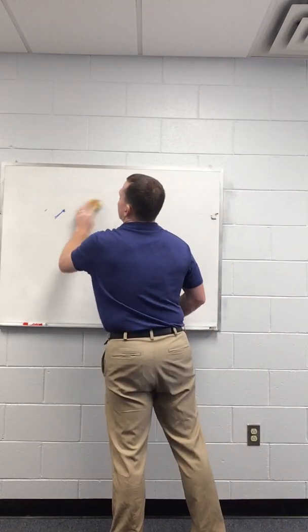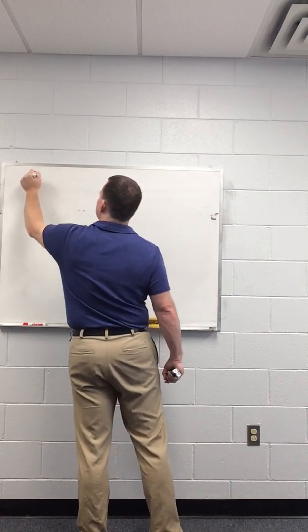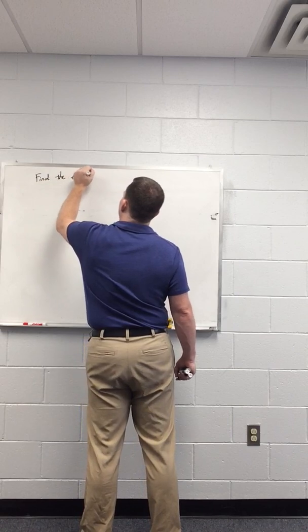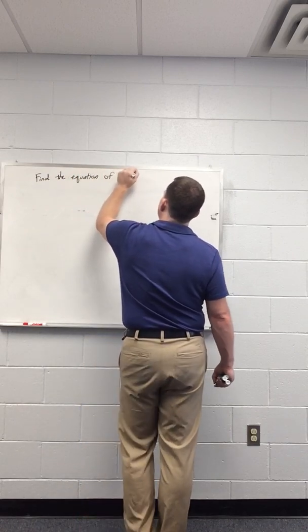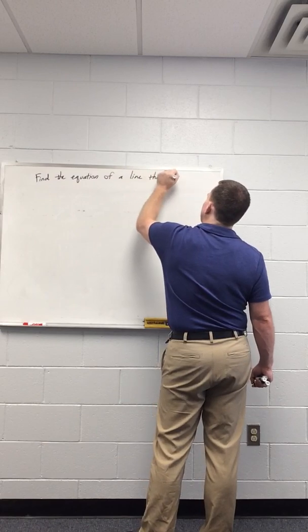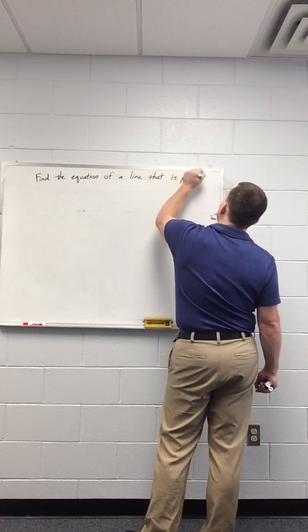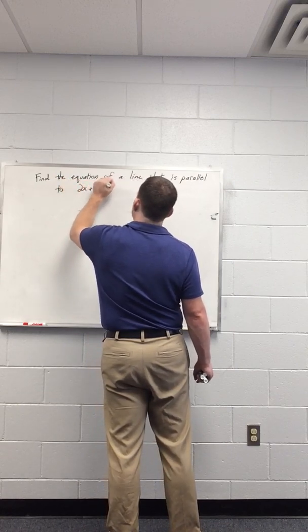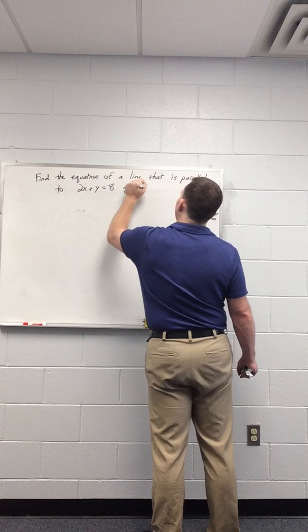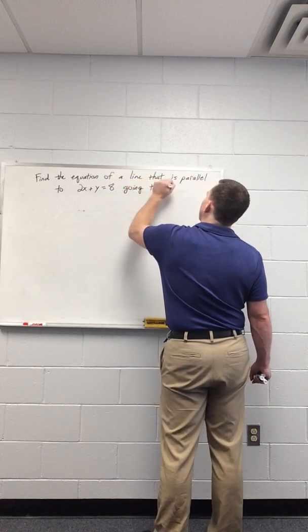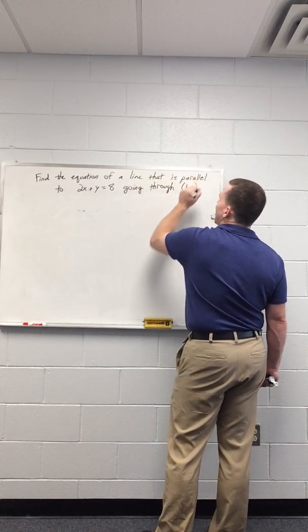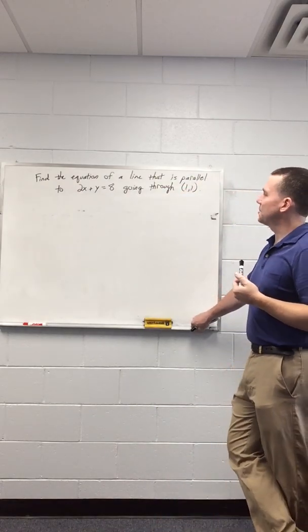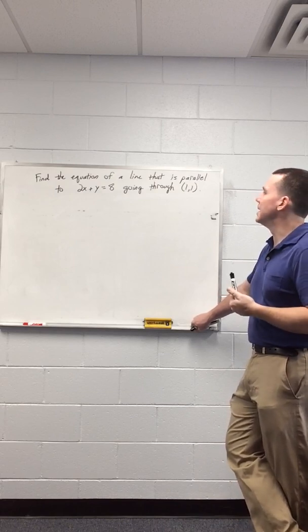So, suppose we have something like this. Find the equation of a line that is parallel to 2x plus y equals 8 going through the point (1, 1).